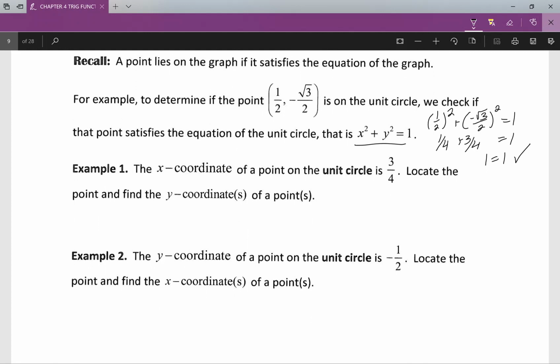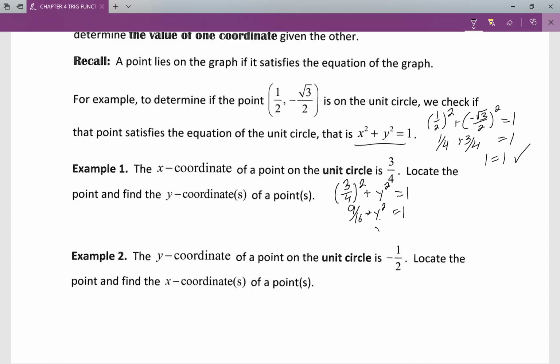If the x-coordinate of a point on the unit circle is 3 over 4, find what the y-coordinates of that point would be. We go 3 over 4 squared plus y squared equals 1. 3 over 4 squared gives me 9 over 16, plus y squared equals 1.